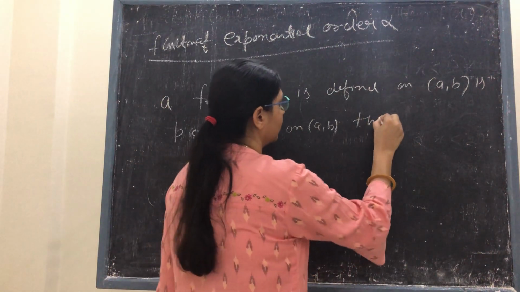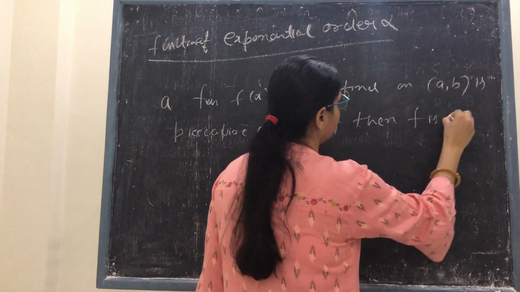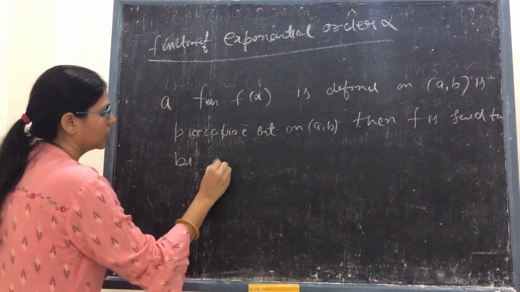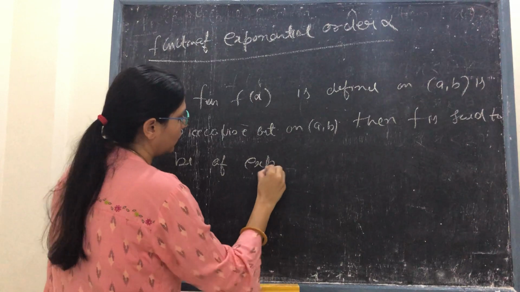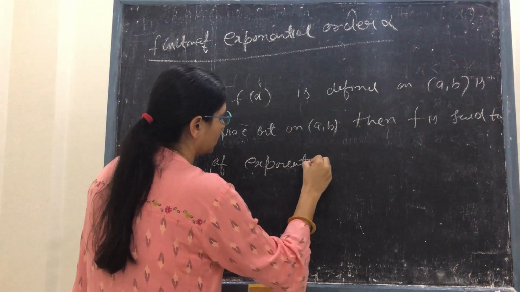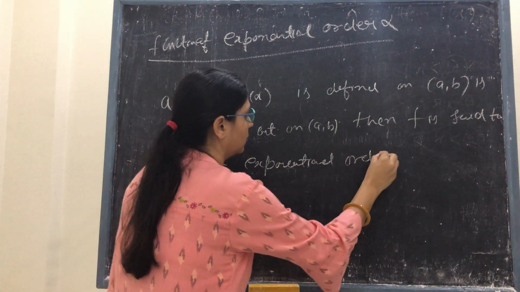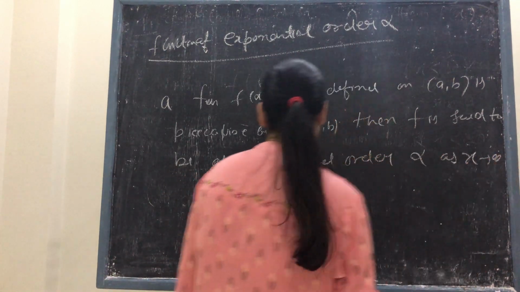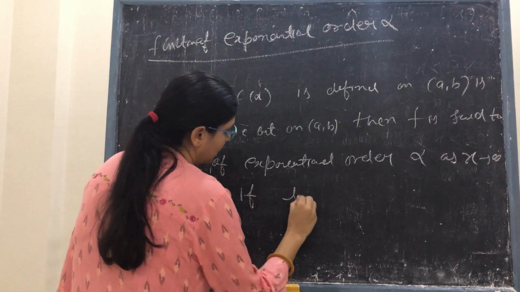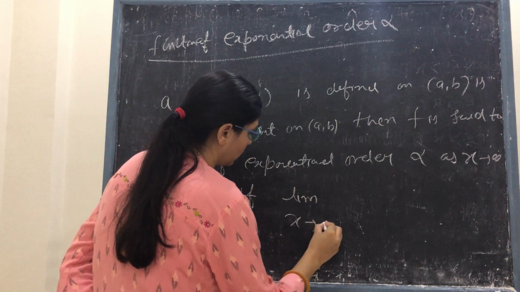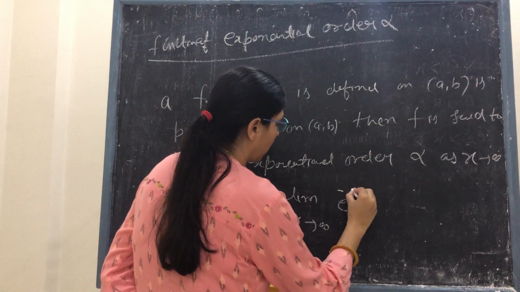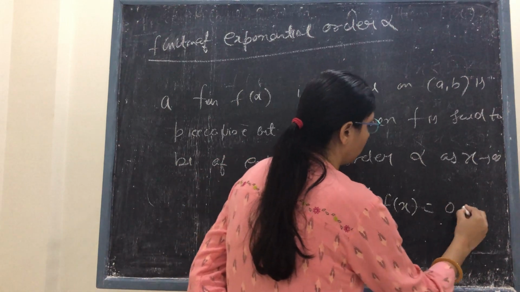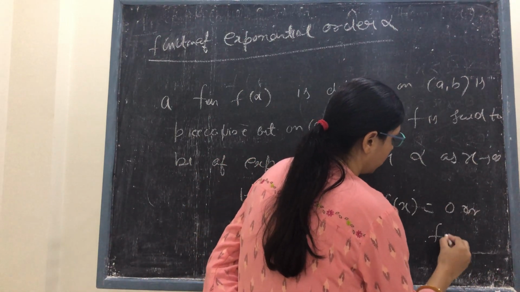Then f is said to be of exponential order alpha as x tends to infinity if the limit as x tends to infinity of e raised to the power minus alpha x times f(x) equals 0, or a finite number.